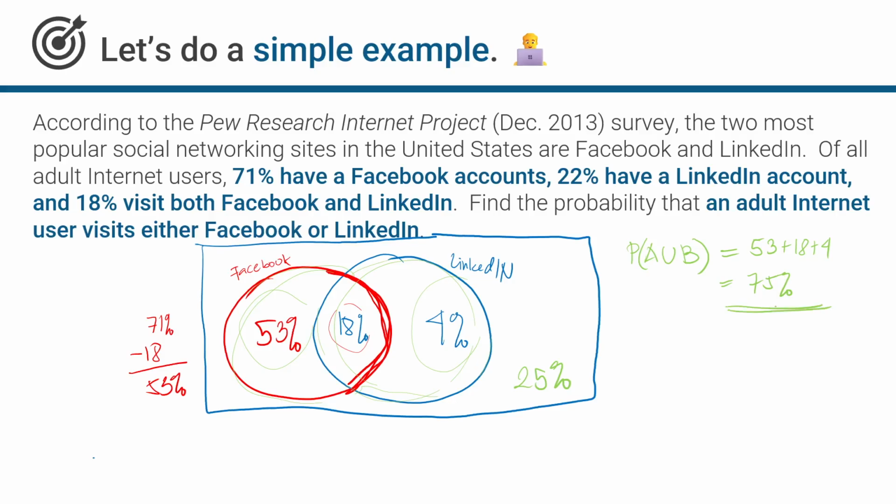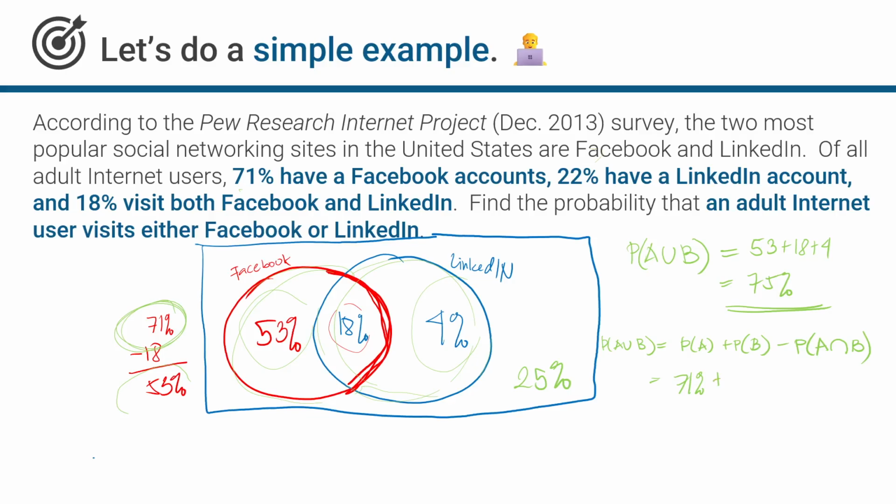Now, let's try to use the formula. P of A union B is equal to probability of A plus probability of B minus probability of A intersection B. The probability of A is 71% as given, di ba?